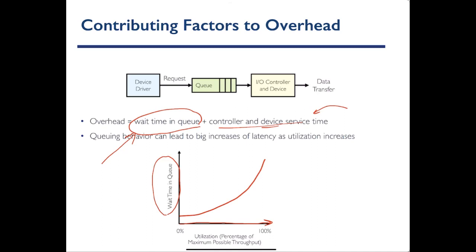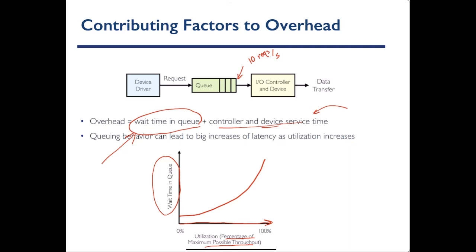So this is the percentage of maximum possible throughput. So if, let's say, you're at the front of this queue, you're processing 10 requests per second.